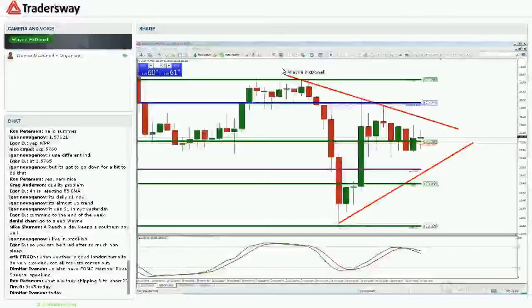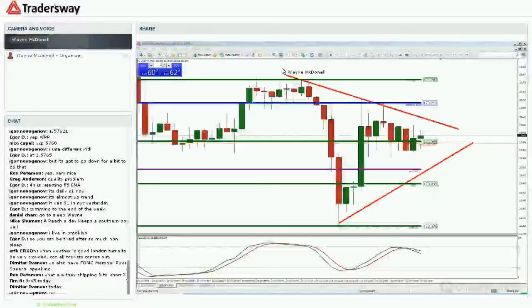So here's the thing, guys. Is he going to come out and say something bad for the U.S. dollar? He might backtrack what he said, but I would be prepared to buy dollar.